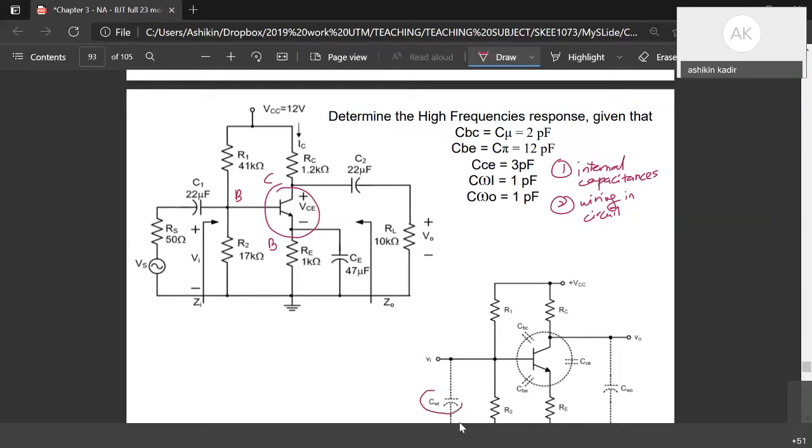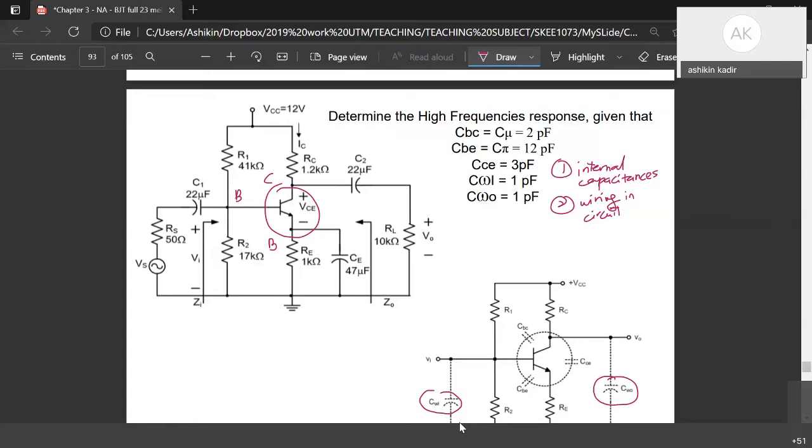And also at the output here, at the collector terminal, there is a wiring output, CWO. Okay, in between our BJT junction, we also need to draw the internal capacitance.